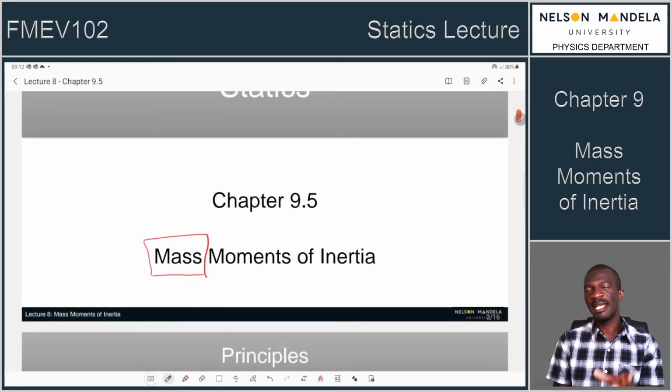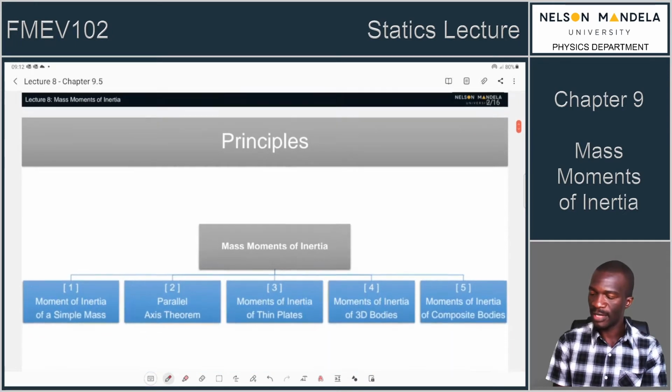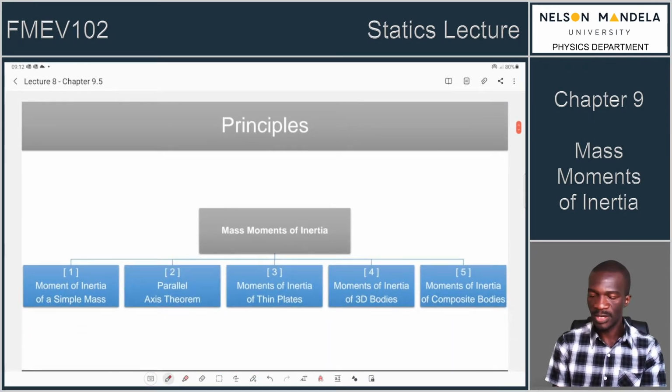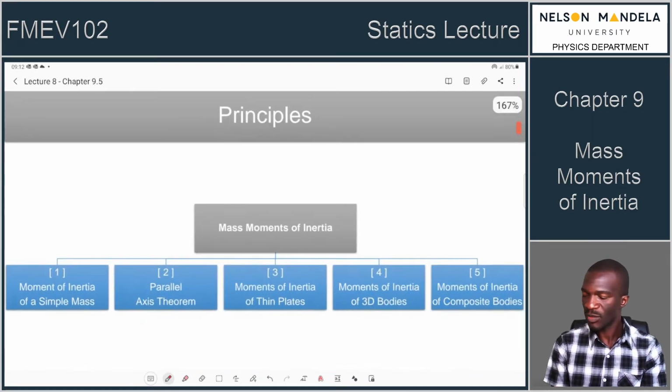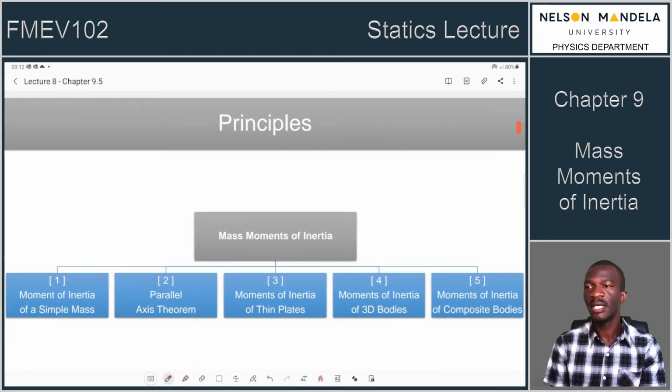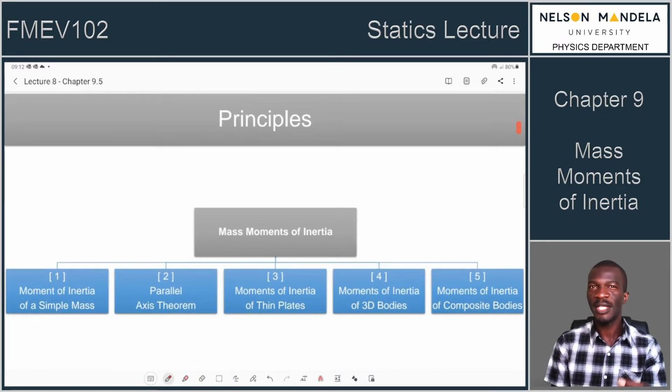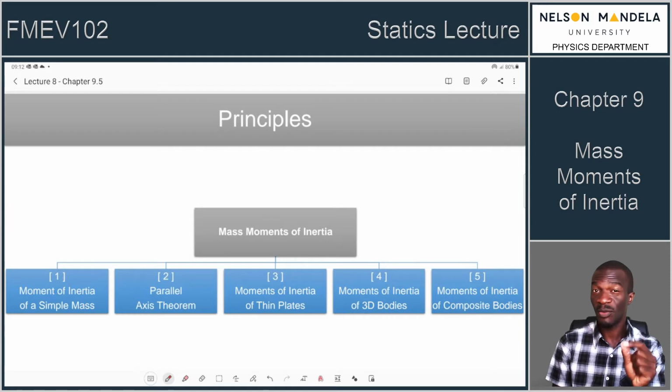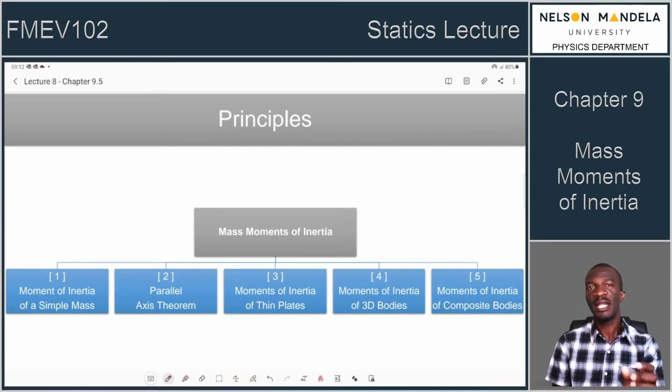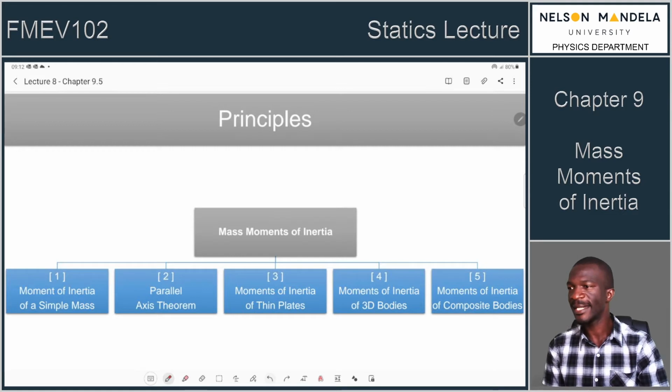So when you are discussing with your engineering fellows and colleagues, you need to be specific. When we are discussing moments of inertia, what are we talking about? Are we still discussing the second moment, or are you now talking mass moments? So you can even include this word just for you to be in sync.